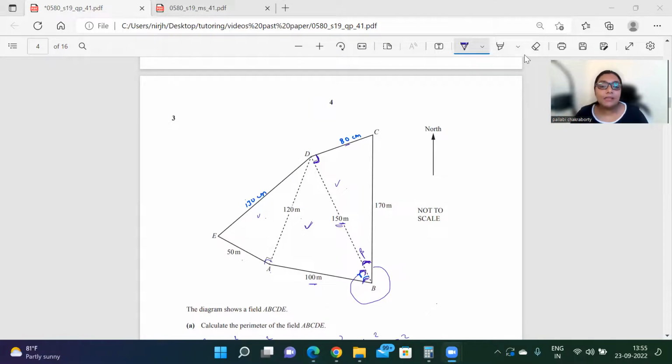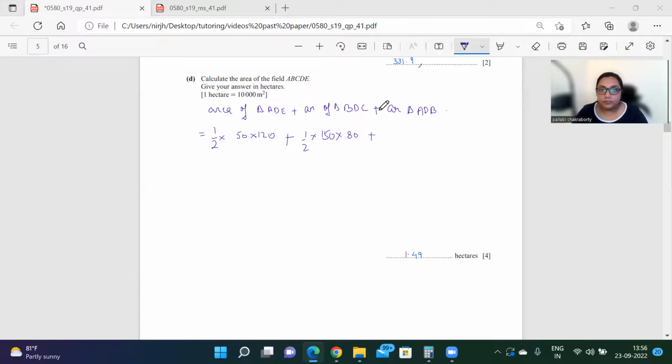So we use something called the sine rule. Let me state the sine rule first. We take a triangle. Again, I'm using a different ink now just to explain how to find the area using the sine rule, right?